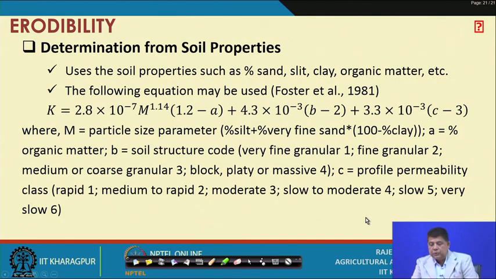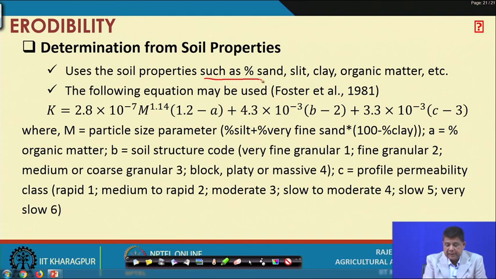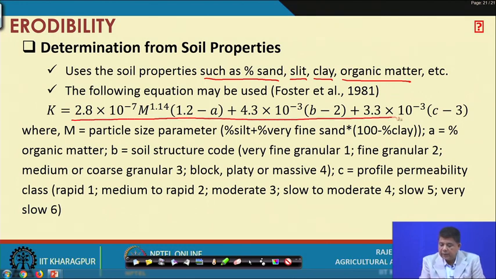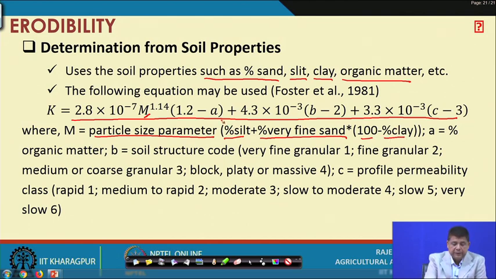Alternatively, we can also use soil properties for estimating the erodibility: percent sand, percent silt, clay and organic matter, and then an empirical equation is used. Capital M is the particle size parameter, that is, percent silt plus percent very fine sand, multiplied by 100 minus percent clay. When we do the soil texture analysis, all these values we can get from the laboratory.